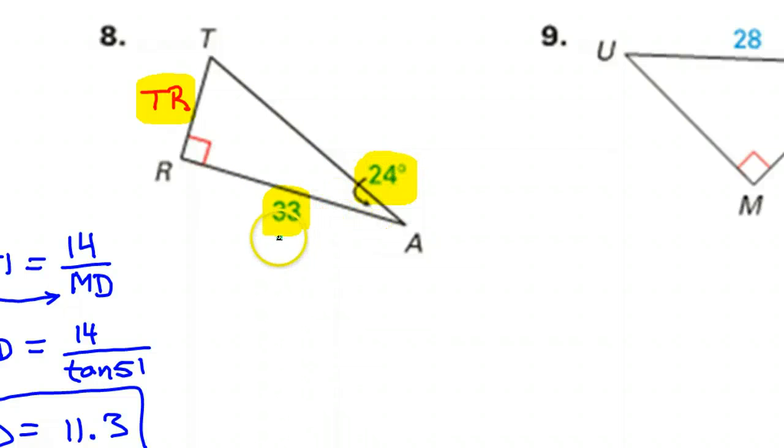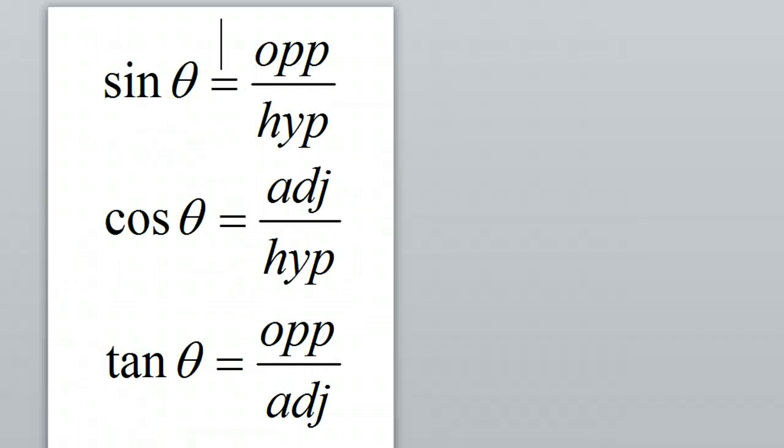Well, from this angle, TA is the hypotenuse, and that's not one of the 2 things we're given. So this is a leg, it is the adjacent leg, because it's right next to the 24. And the TR is the opposite leg, because it's across from the 24. So opposite and adjacent, that's the tangent function.